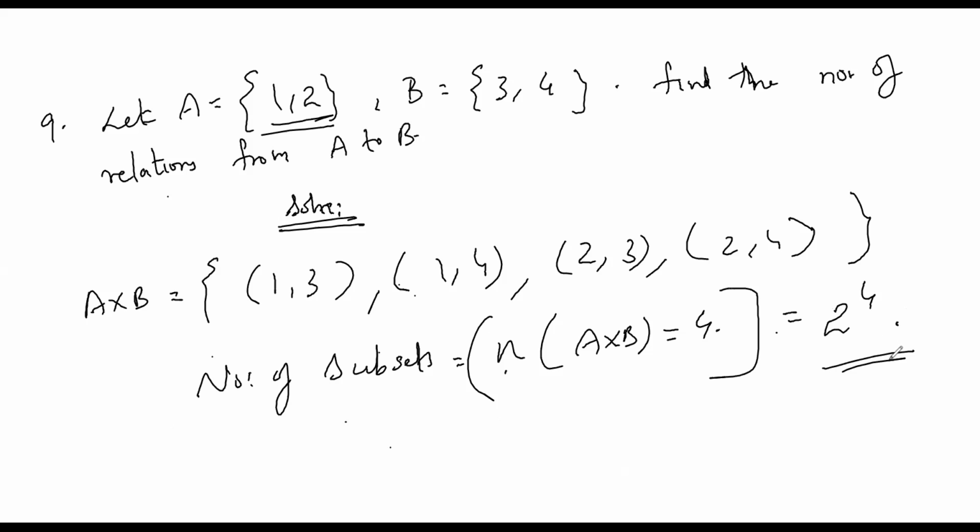So the number of relations from A to B is 2 power 4 itself, which is 16. 2 power 4 is 16. It's a very easy question to do. When this kind of question comes, it's a jackpot for us.